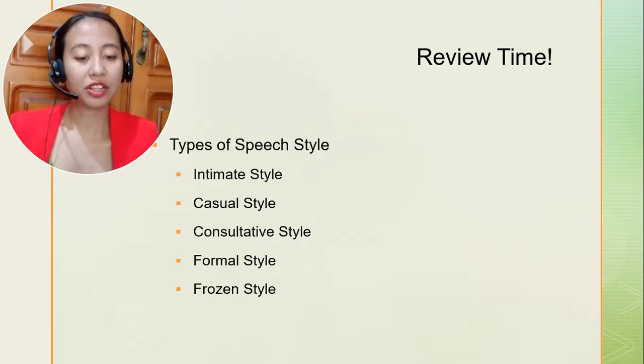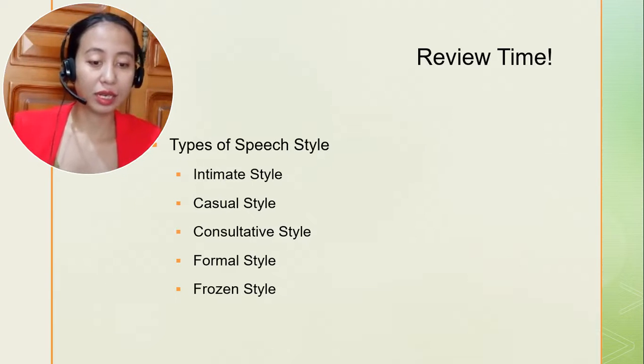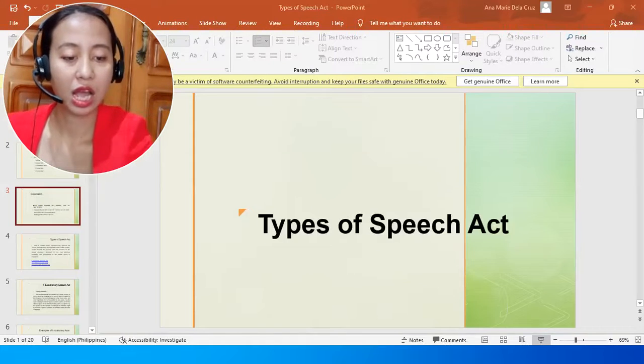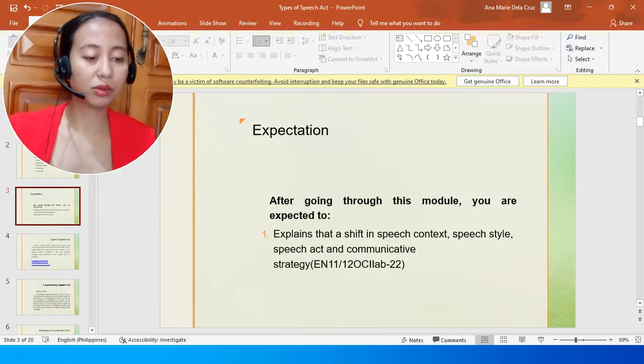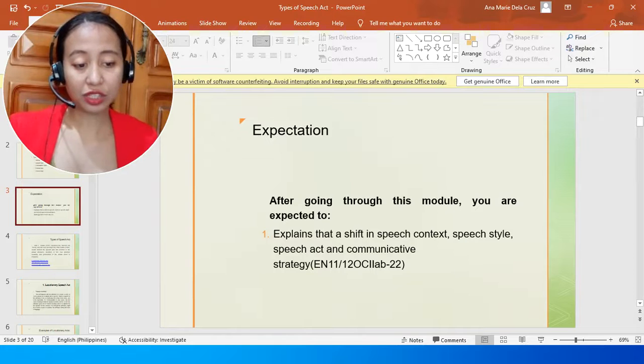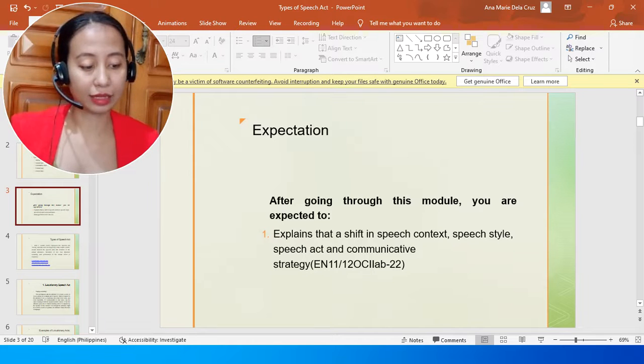Now, those are the types of speech styles. Expectation. After going through this module, you are expected to explain the shift in speech context, speech style, speech act, and communicative strategy.